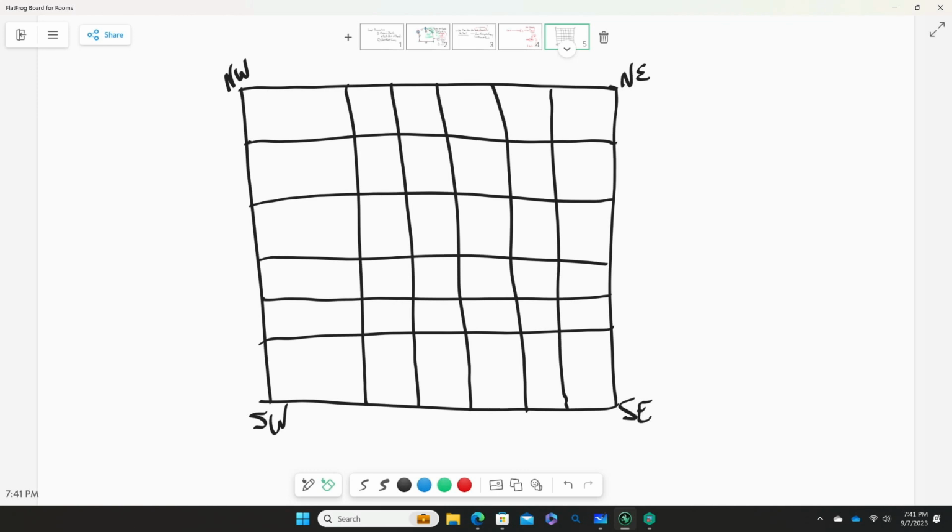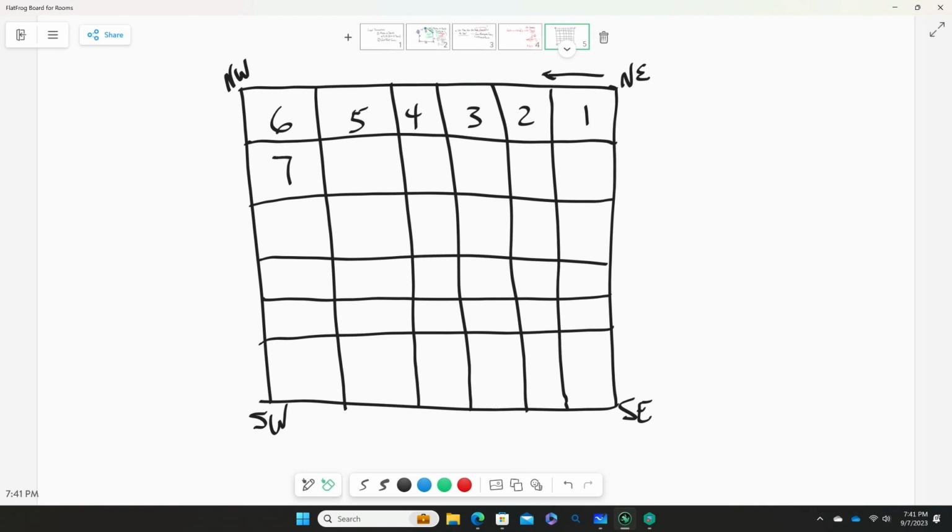They started surveying up in the northeast corner, and they would lay these chains down and go in this direction, and then they got over here to number 6. Well, instead of picking up all of their tools and coming back to the other end, they just dropped down and surveyed back this direction. Then they dropped down and surveyed back this direction again.